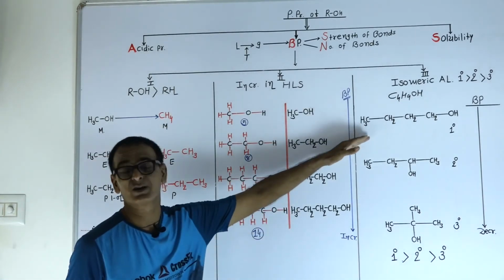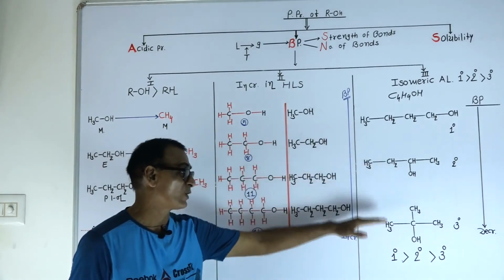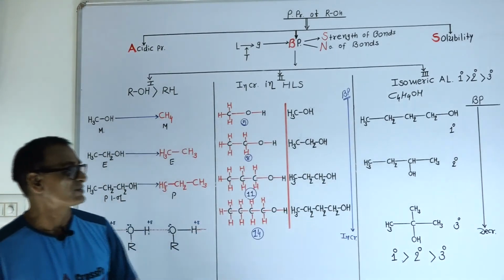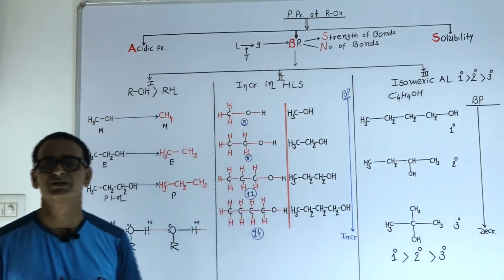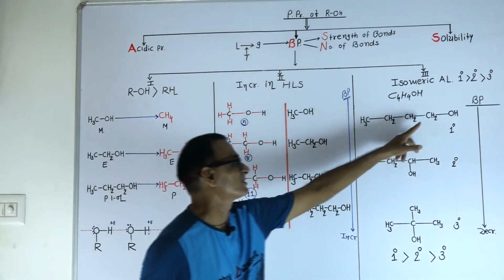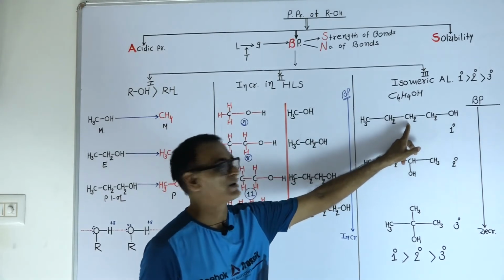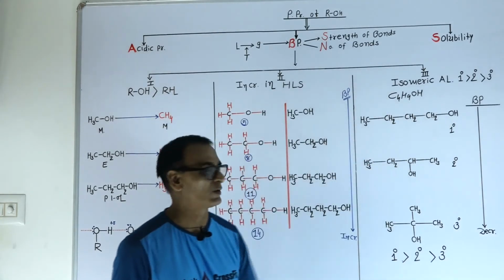This is the illustration of primary alcohol, secondary alcohol and tertiary alcohol. The carbon atom which is directly attached to the OH group is known as primary because it is directly attached to one carbon atom. That's why this is a primary alcohol.